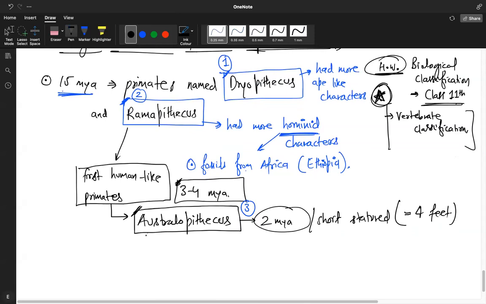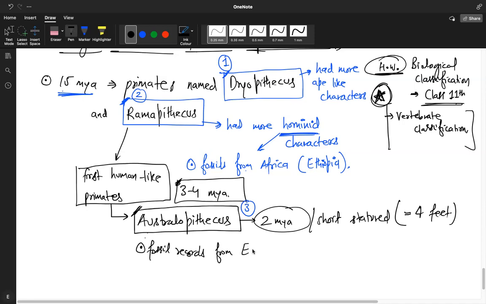And Australopithecus, write down Australopithecus fossils. What is the proof here? Again, fossil records. The name has Australo, it does not mean it's from Australia. Okay, don't get confused. Fossil records of Australopithecus from East Africa.